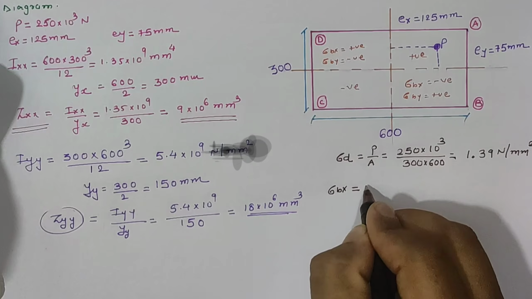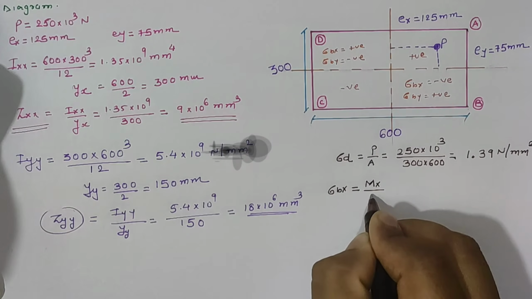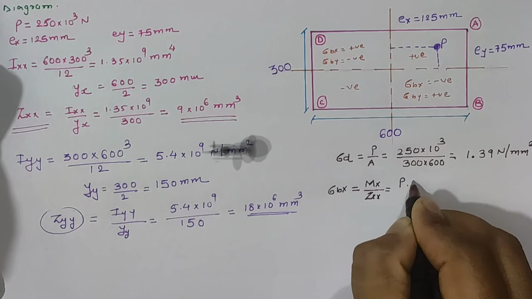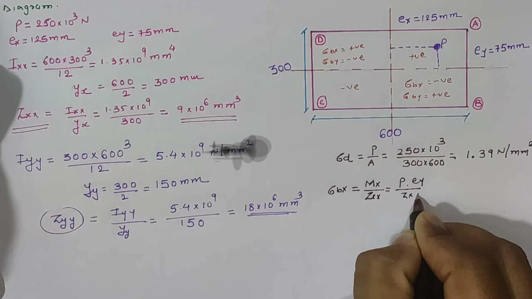Now sigma Bx can be calculated by Mx divided by Zxx, and Mx is nothing but P into Ey divided by Zxx.